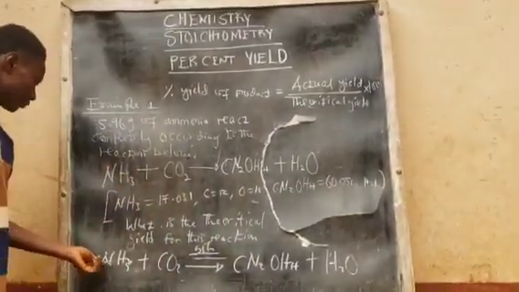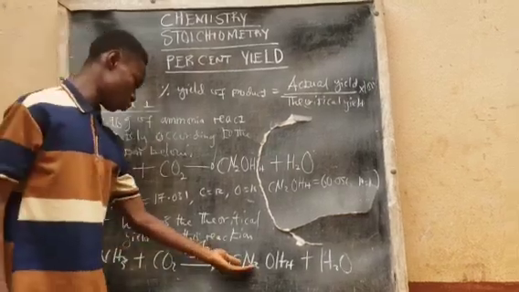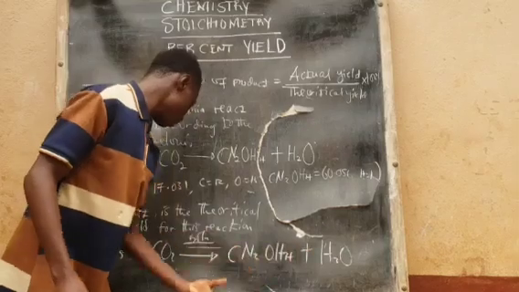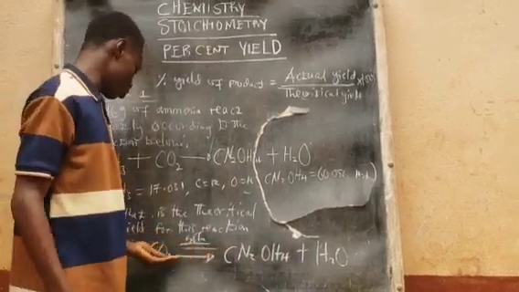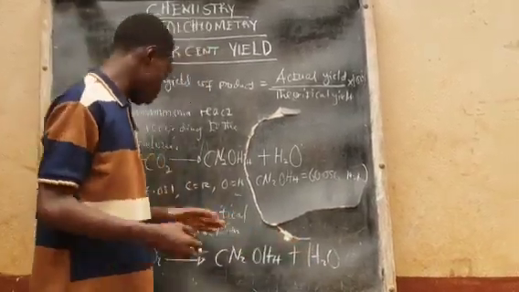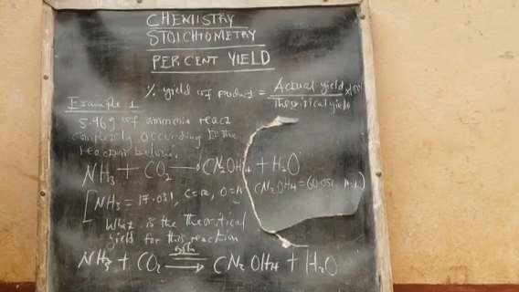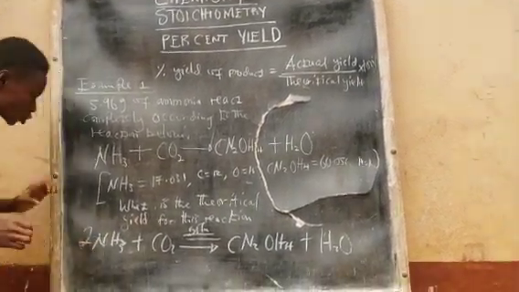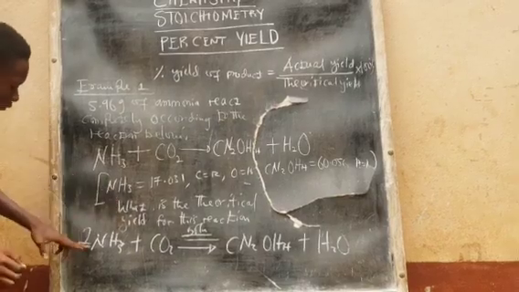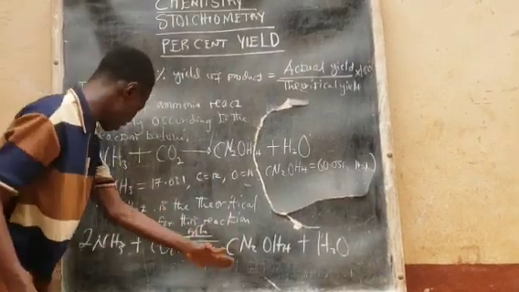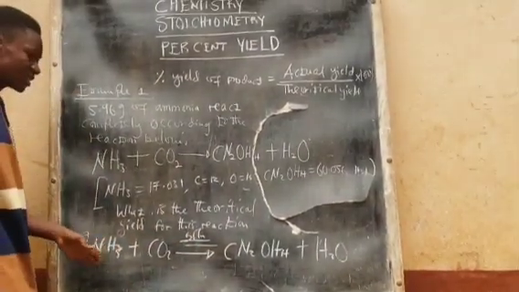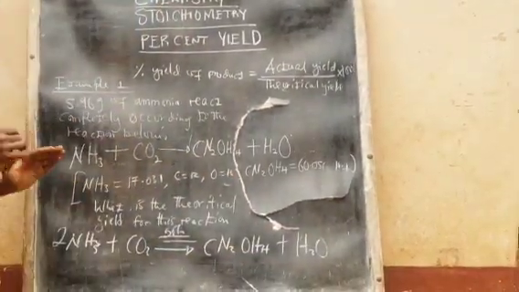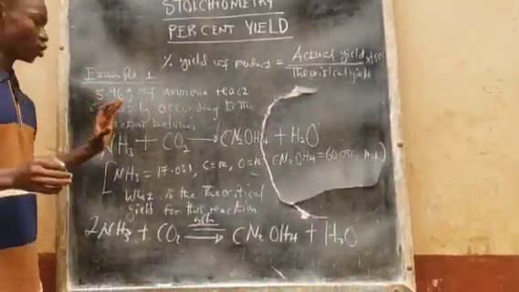I have 1 nitrogen, 2 nitrogen, 3 hydrogen, 6 hydrogen, 1 carbon, 1 carbon, 2 oxygen, 2 oxygen. So nitrogen and hydrogen are not balanced. To balance it, I will write the coefficient of 2. Now I have 2 nitrogen, 2 nitrogen. 2 multiplied by 3 is 6 hydrogen. 4 plus 2 is 6 hydrogen. So now this equation is balanced.